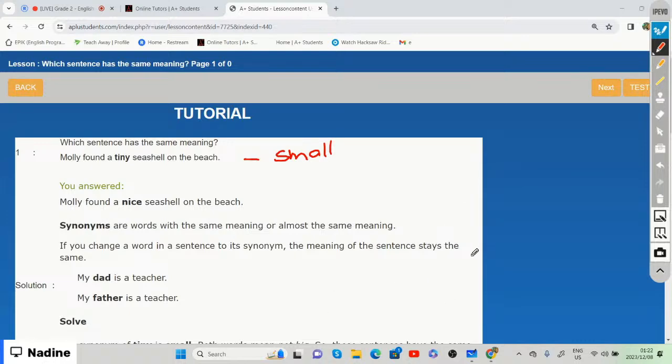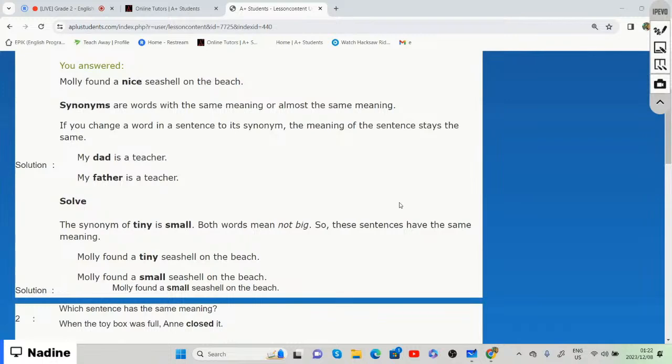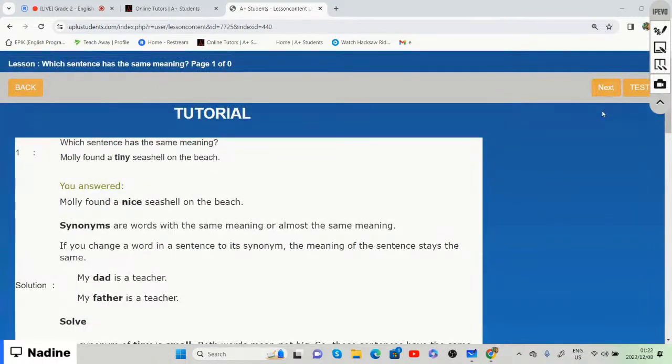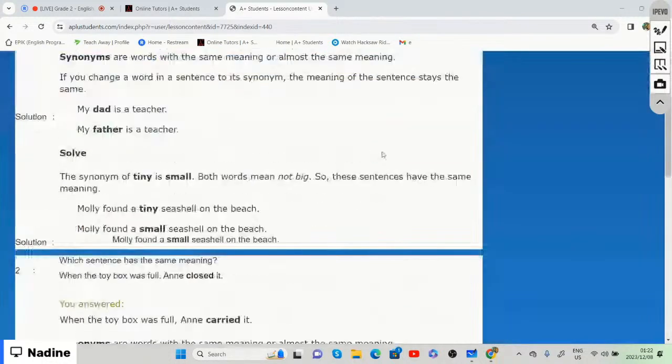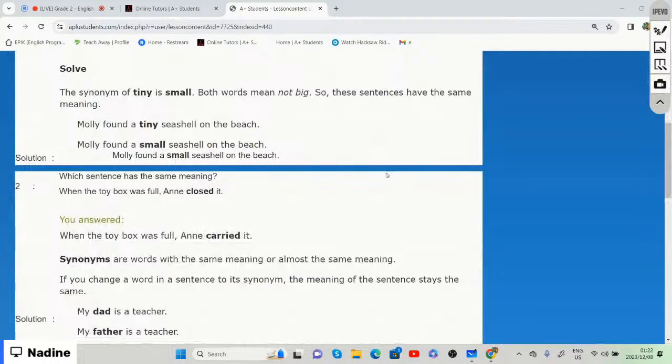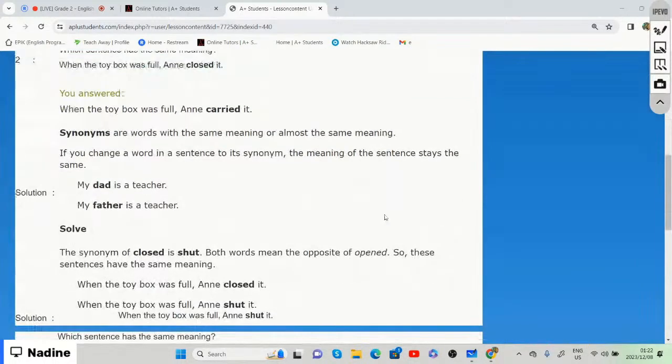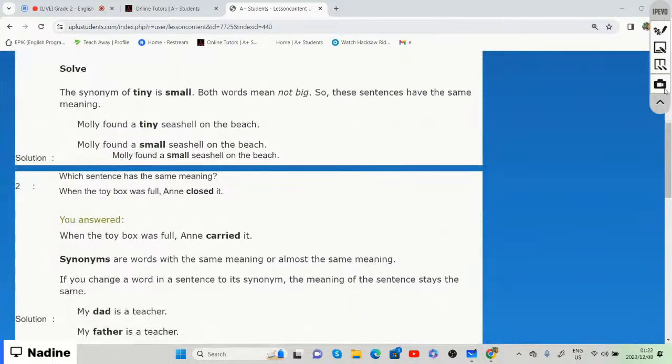All right. It says, when the toy box was full, Amy closed it. And another word for closed.